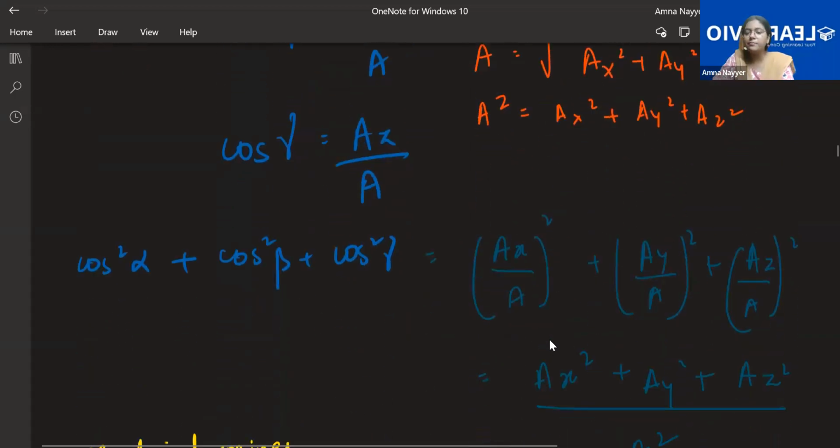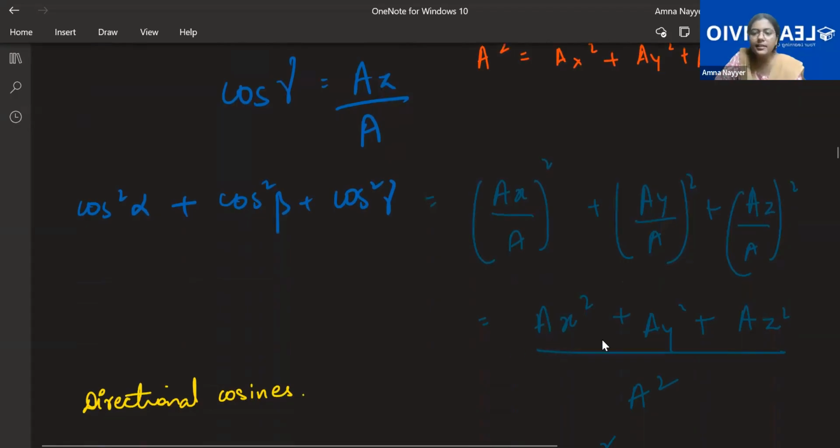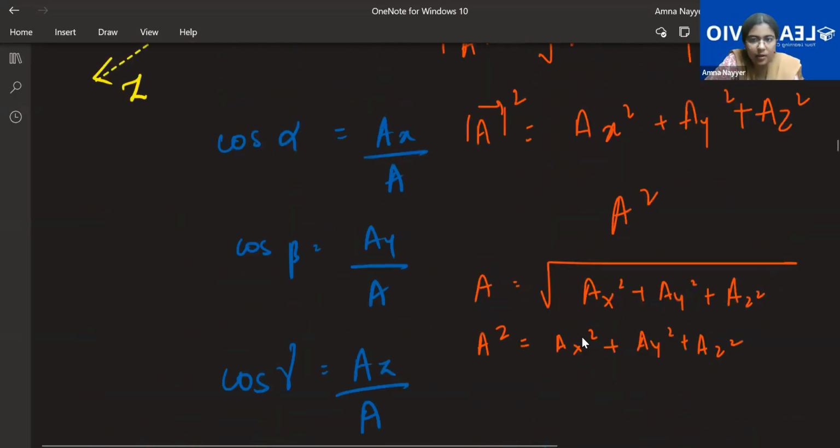When you add them, you will be stuck at this step, right? Because ax square plus ay square plus az square, this is unclear. When you square it and add it, you will be left at this step, ax square plus ay square plus az square by a square. For this, I wrote this.